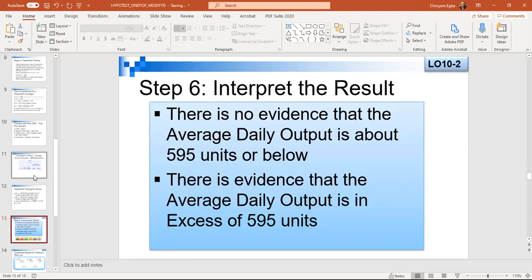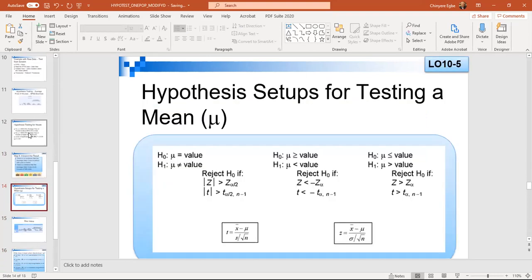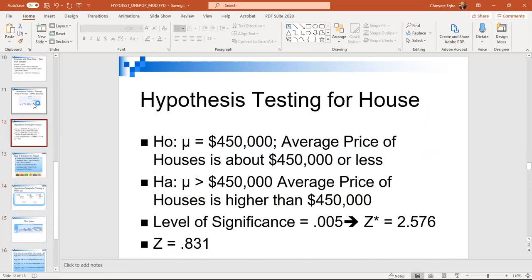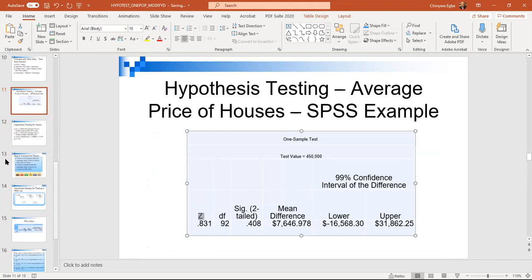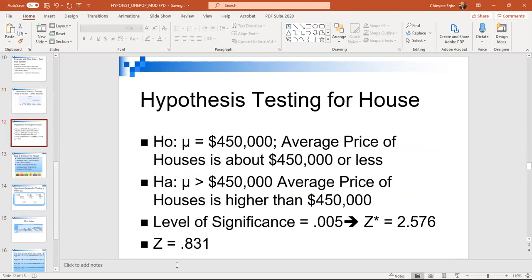I'm going to take off what is not useful for you. So based on this, you see that Z is 0.831. Am I correct? And so you put it here, Z is 0.831.